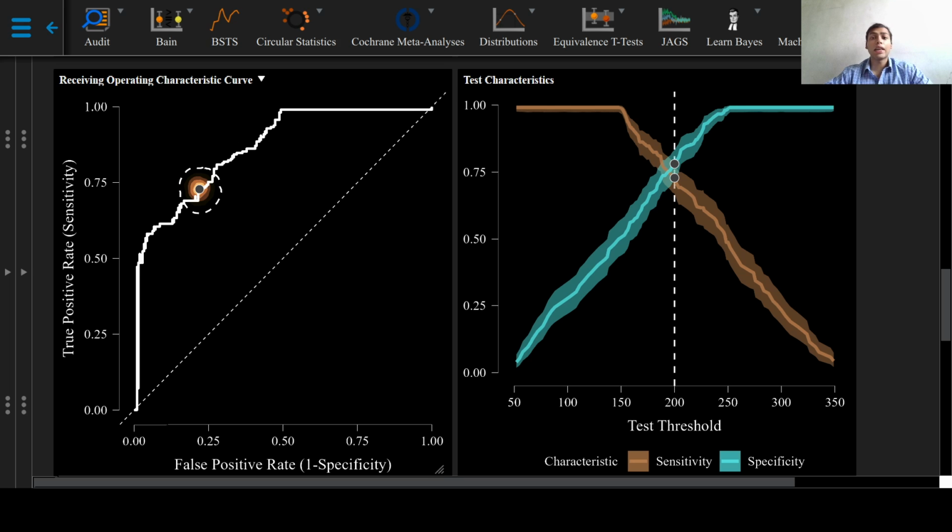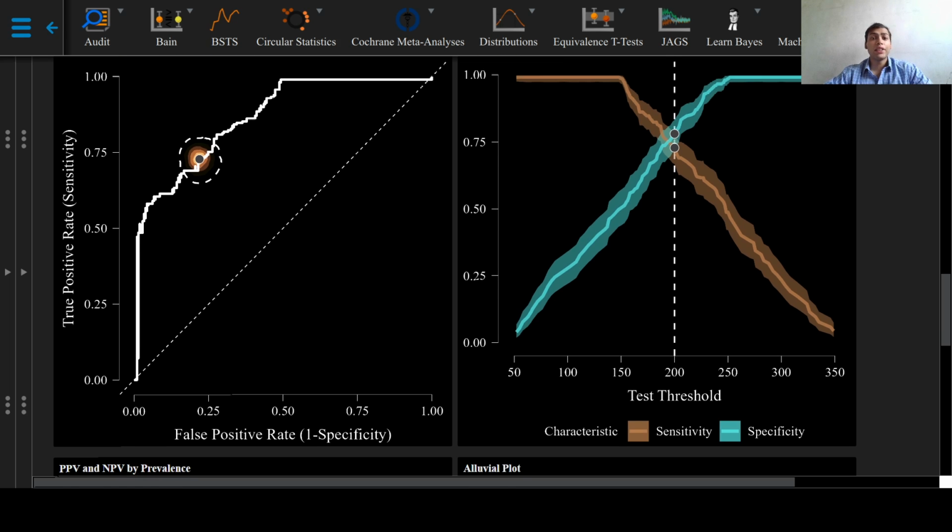The figure shows that our ROC lies somewhere in between these two extremes. The actual location of the test at hand, which has a sensitivity of 0.73 and specificity of 0.78, is indicated by the gray dot as seen right here in the ROC curve, with the dashed line denoting 95% credible intervals.